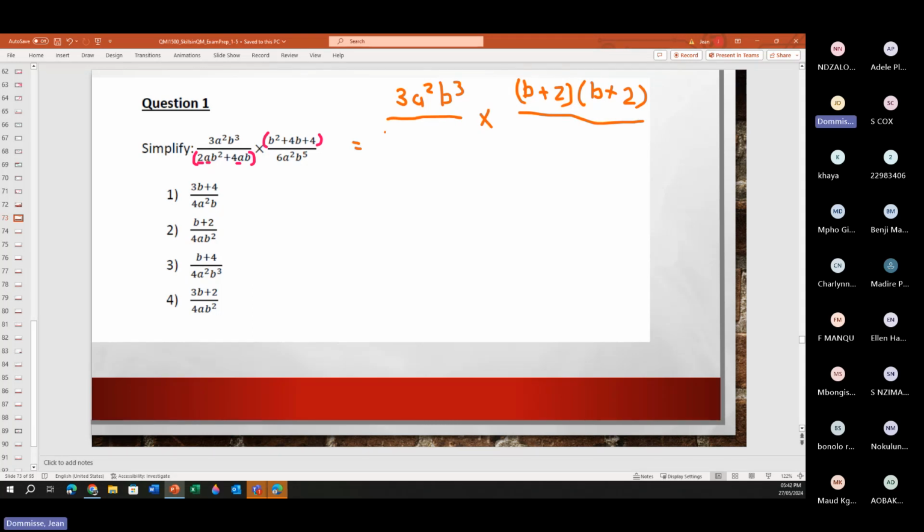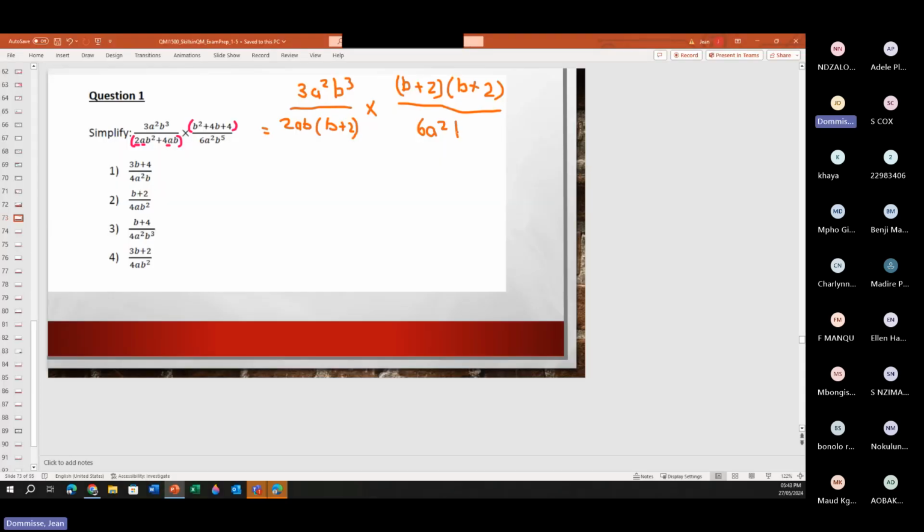Okay, so at the bottom we've got 2ab, and what's left is b plus 2, and on this side is 6a to b 5.